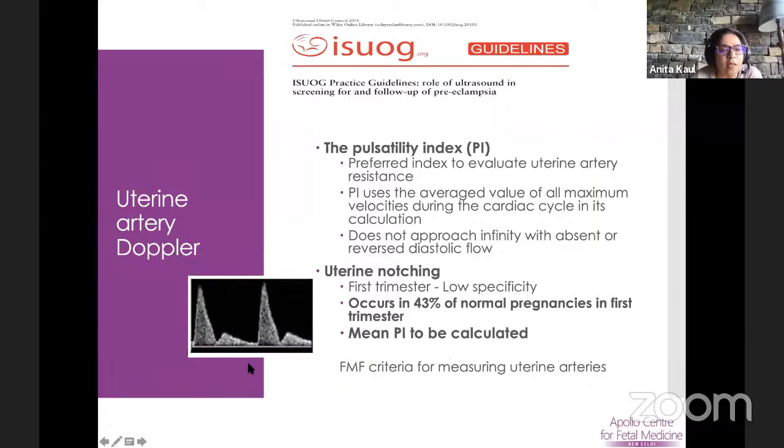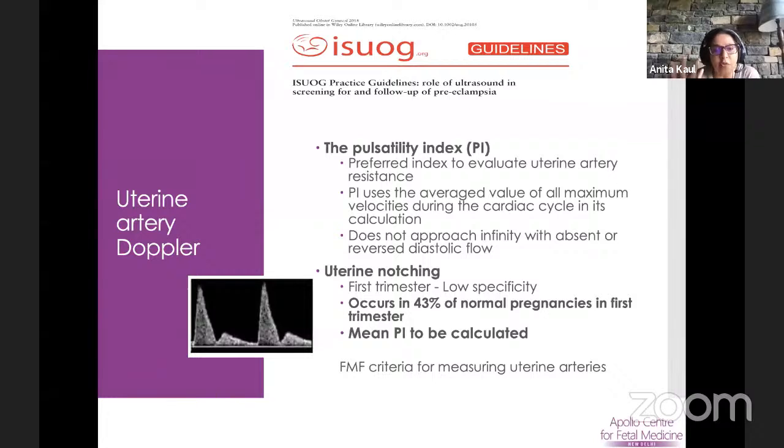So reports in which they've said there's a uterine artery notch in the left artery and no notch in the right artery, or any sonologist who gives you individual uterine artery measurements rather than the mean PI, means that they have not understood the principles of screening and the way of using uterine artery Dopplers.